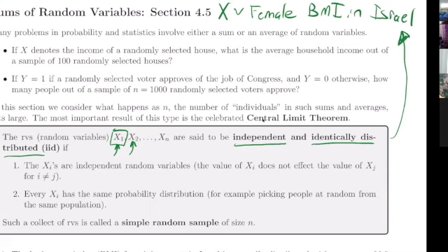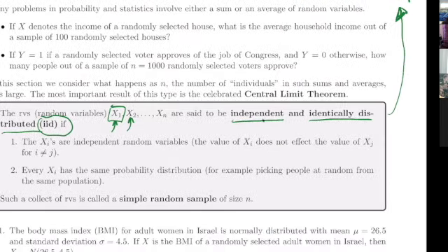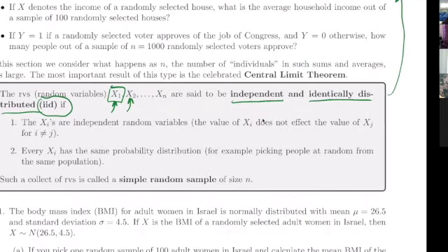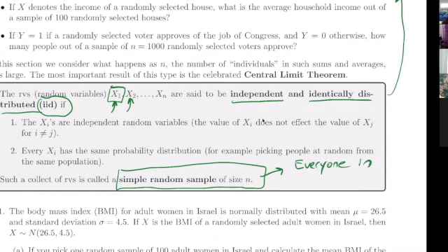When we pick samples in this way, we say these random variables are independent and identically distributed. And when we repeatedly pick values or individuals in this way, we say that this is a simple random sample. What that essentially means is that everyone in the population has an equal likelihood of being picked.